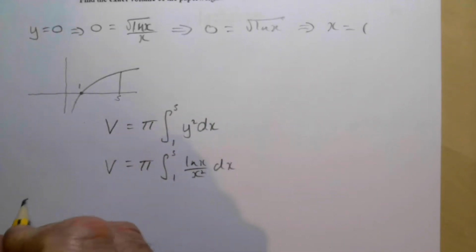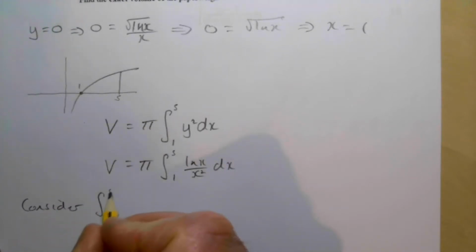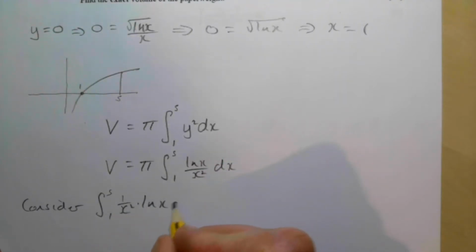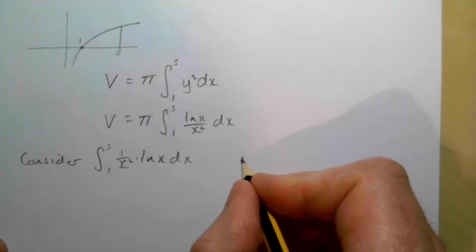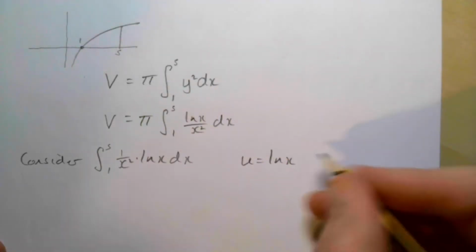So consider the integral between 5 and 1 of 1 over x squared times ln x. Those are going to be my two parts. I'm going to have u equals ln x. Remember, if it's an ln x, you normally get u equal to it.